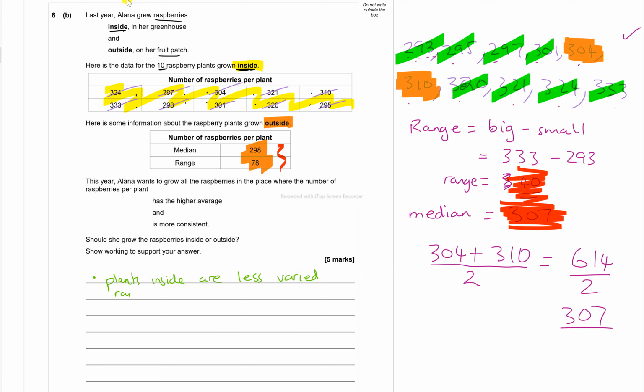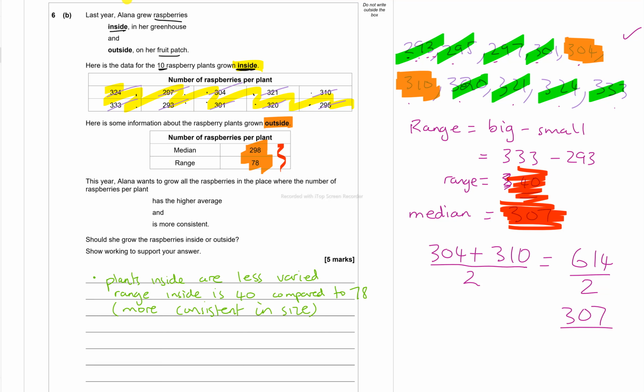Because the range inside is 40 compared to 78. What that means is they are more consistent in size. And as a supermarket, sometimes you need that. You don't want huge ones and small ones because customers might not buy the huge ones, they're too big. Small ones, they think, oh, there's something wrong with them.